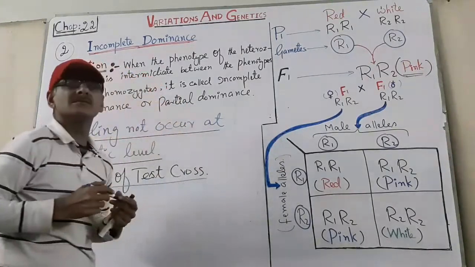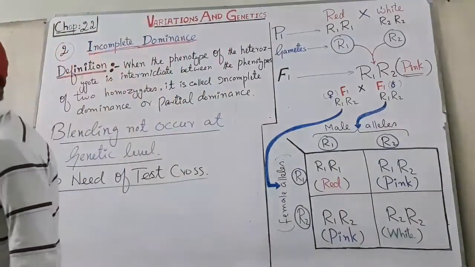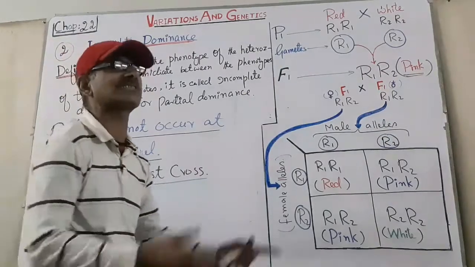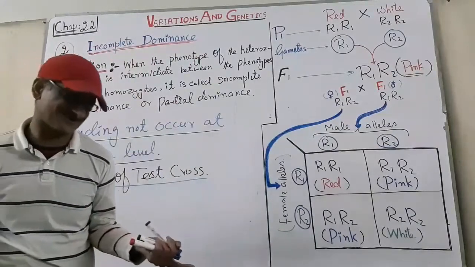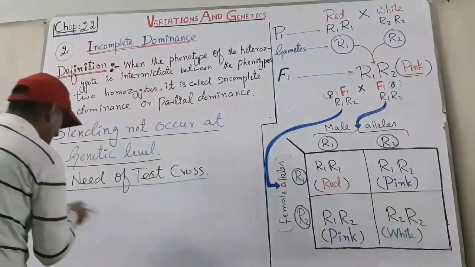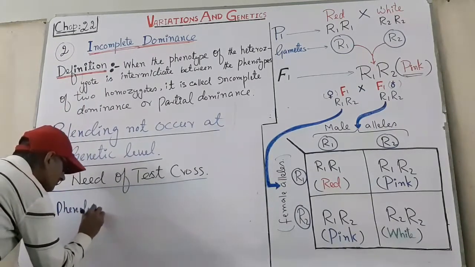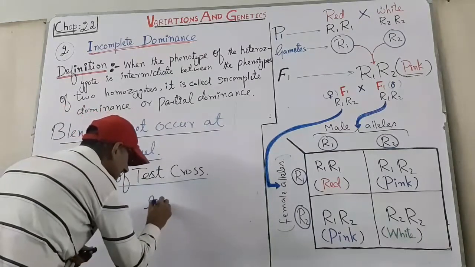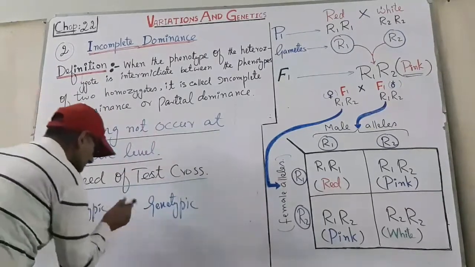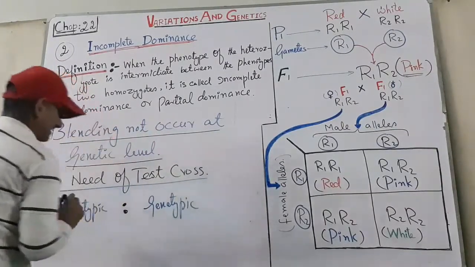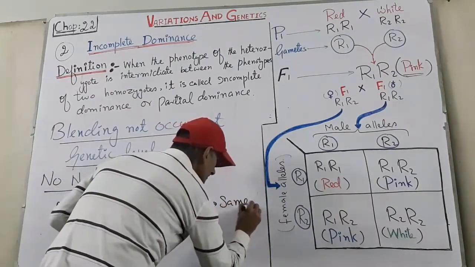Because the phenotypic ratio and the genotypic ratio in case of incomplete dominance are the same, and so we do not need any test cross. The phenotypic ratio and genotypic ratio are the same.